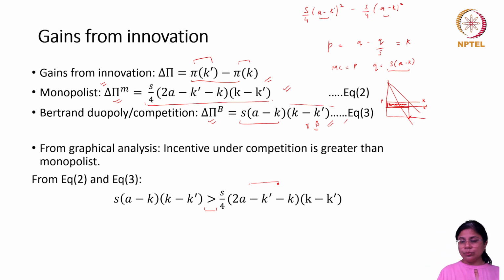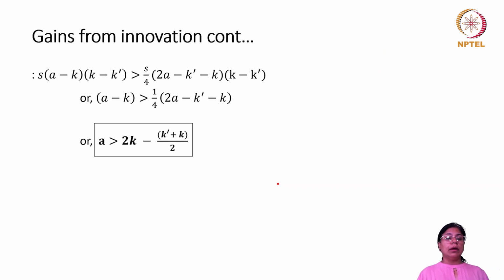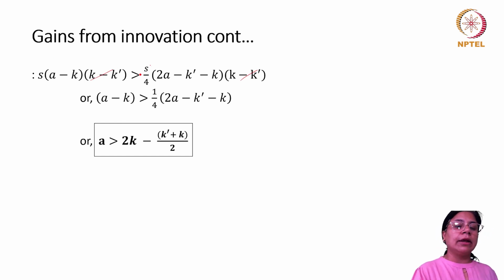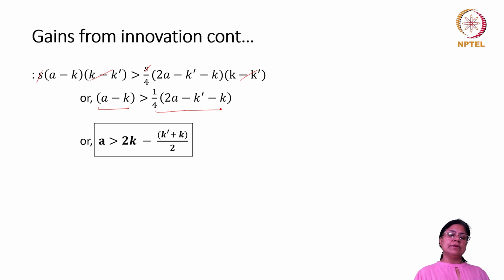Now how can we do that? So once again we engage with the terms on both sides. Clearly these two can be cancelled, s can also be very easily cancelled, so that we are left with a minus k on this side and 1 by 4 into 2a minus k prime by k on this side.